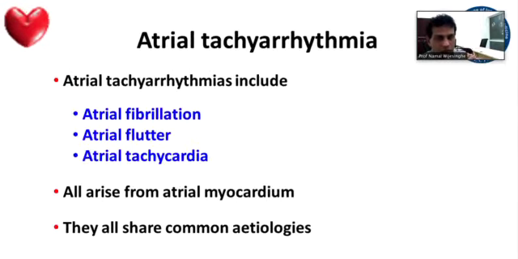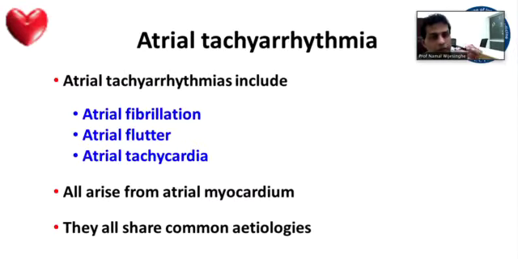So, the heart is made of an atrial syncytium as well as a ventricular syncytium, which are attached by a connective tissue cushion that is electrically insulated. We call it the AV cushion. So, when it originates in the atrial syncytium, we call it atrial tachyarrhythmia.